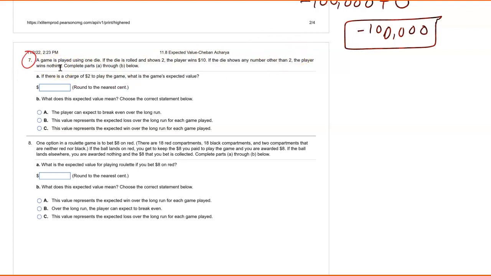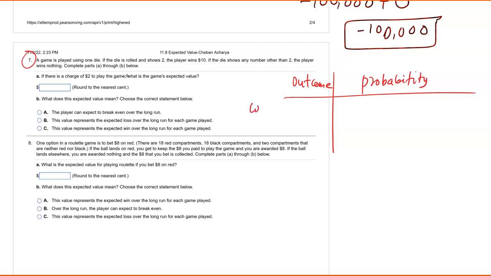Remember that, that nothing means he is going to lose $2, because there's a $2 charge to play the game. Therefore, there are two outcomes. Either the player is going to win or lose. Therefore, you have the outcome and the probability. Either the player wins or the player loses the game. Correct?